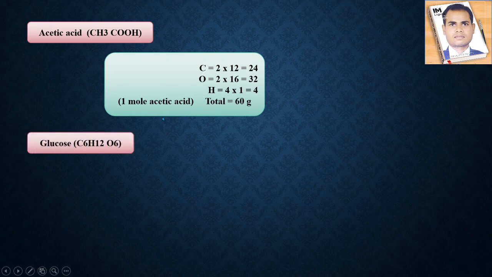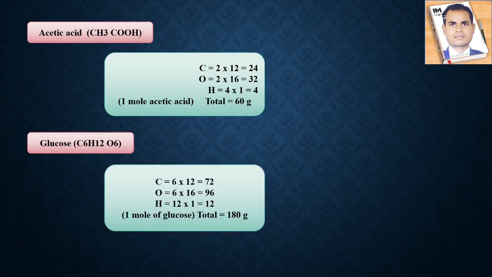Now for the next example, take glucose. The molecular formula for glucose is C6H12O6. The number of carbons is 6, into 12, so 12 into 6 is equal to 72. The number of oxygens is 6, into mass of oxygen 16, so 16 into 6 is equal to 96. The hydrogens are 12 into 1, which is equal to 12.